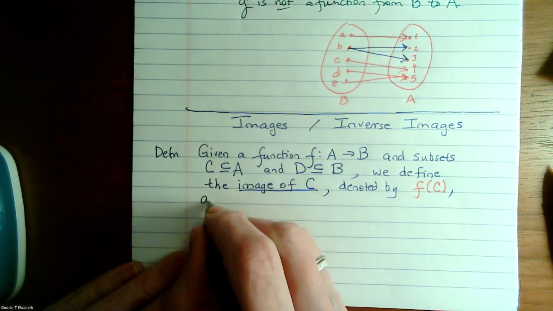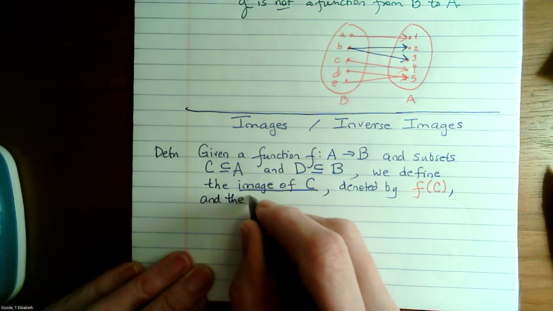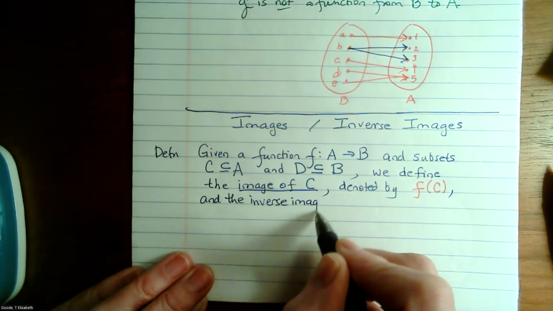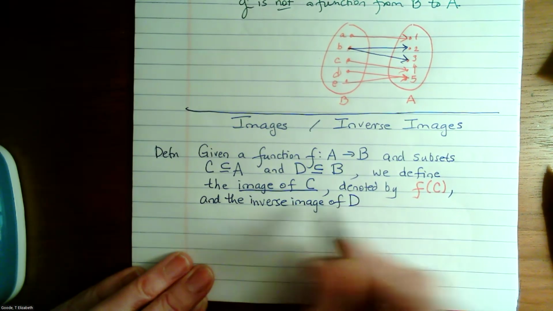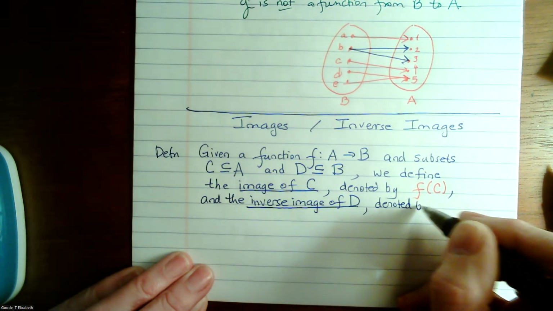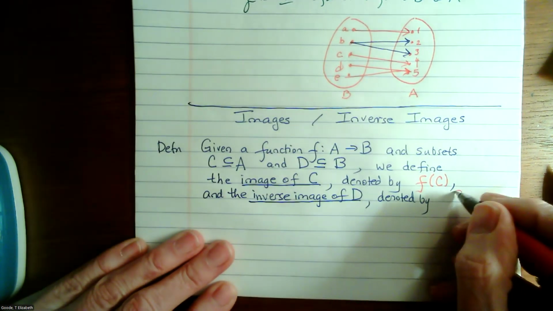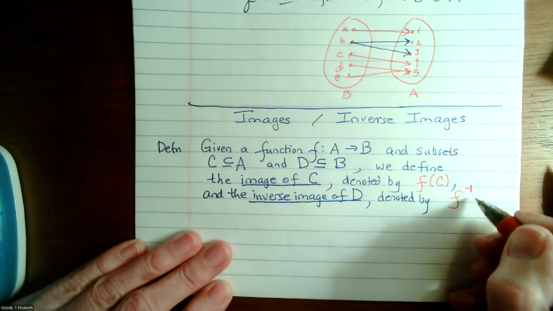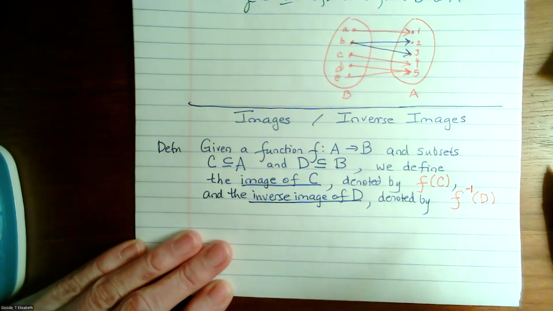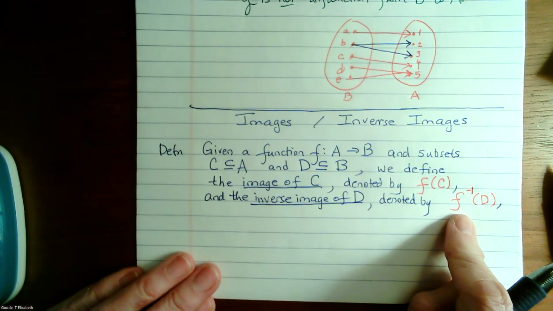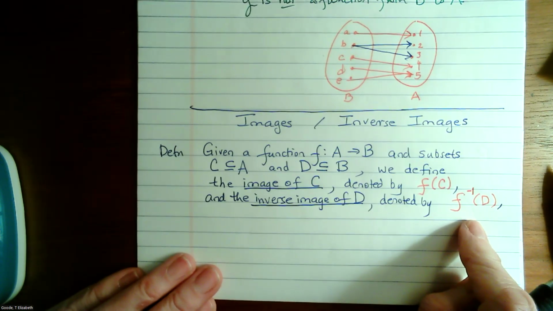And the inverse image of D is denoted by F with a superscript -1 of D. Please don't confuse this notation with the notation that you may have seen when you learned about the inverse function for a function.